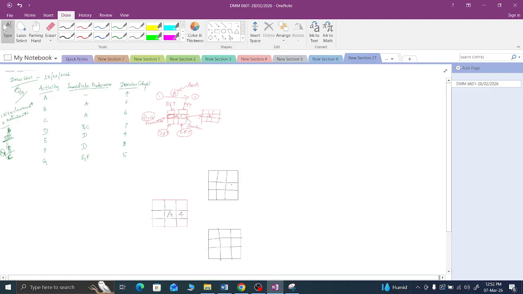This is B activity, and this one is C activity. After A, activity B starts. After A, activity C also starts. So B has the duration of 5, and C has the duration of 6.